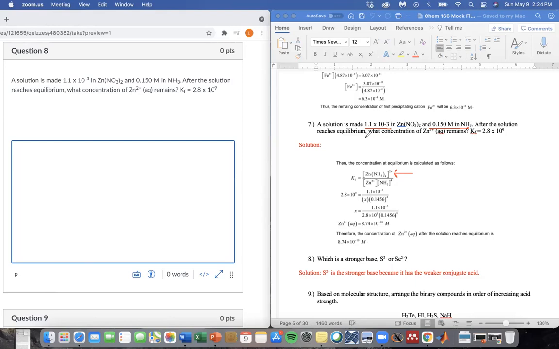So in your ice table, you would have the zinc plus 4 NH3 forms the zinc NH3 4 2+. This is your limiting reactant, so you have 1.1 times 10 to the negative third, and almost all of that would get used up.